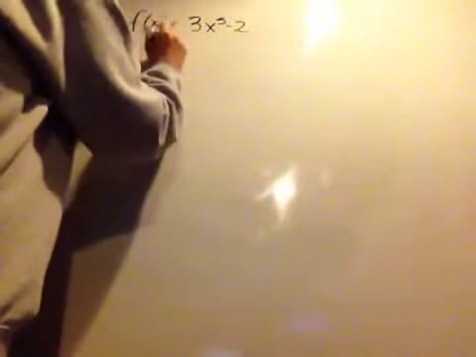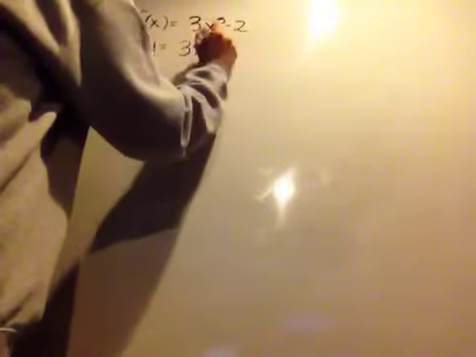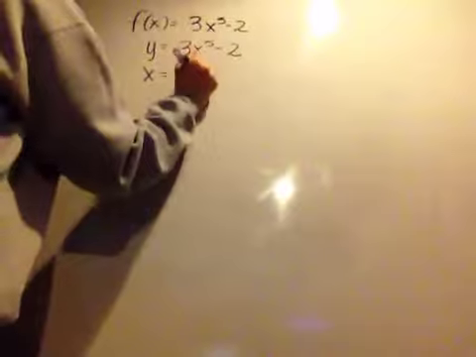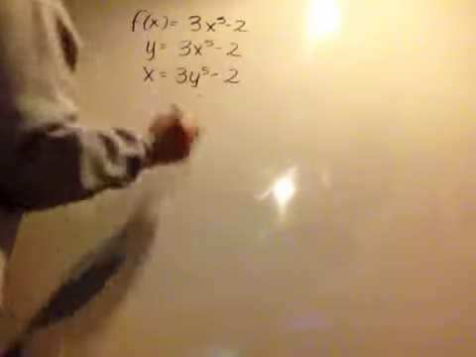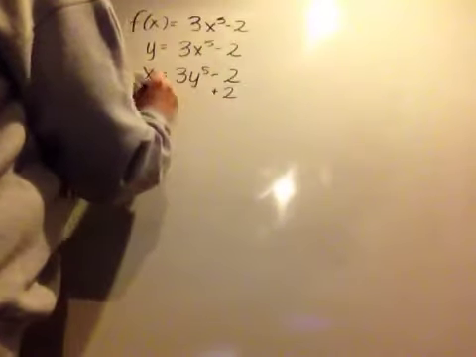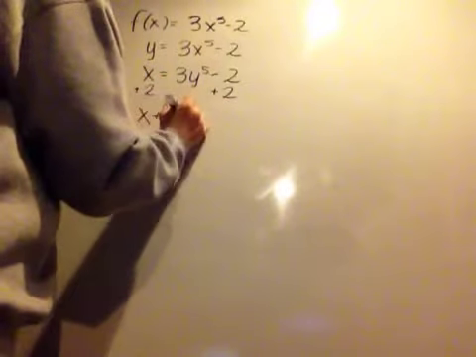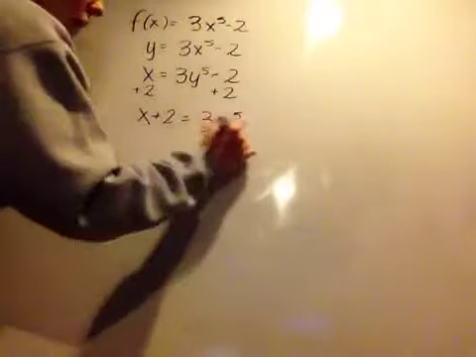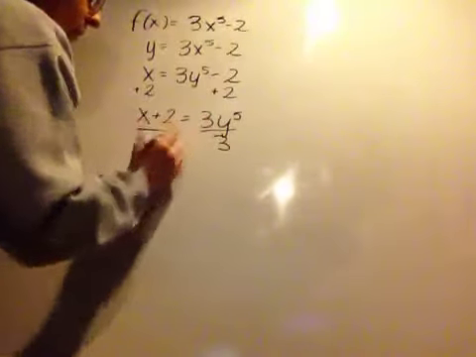So we're going to find the inverse. We're going to replace f of x with y, and then I'm going to switch x and y. And now I'm going to solve this for y. So I'm going to add 2 to both sides. And then I'm going to divide both sides by 3.